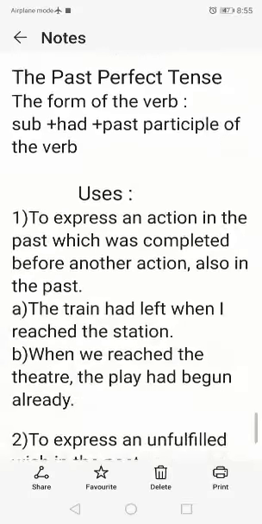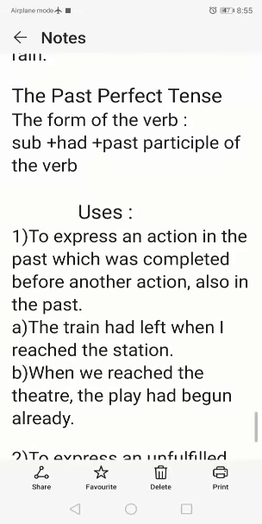Irrespective of person, we have to use had.